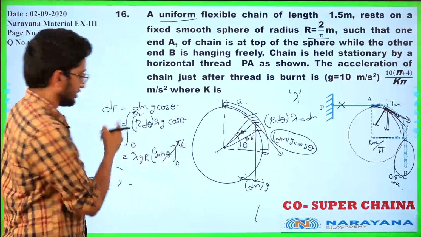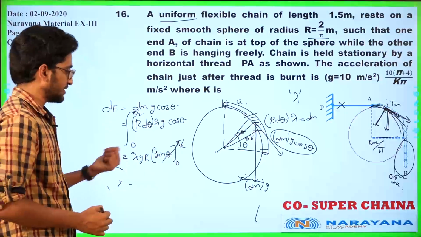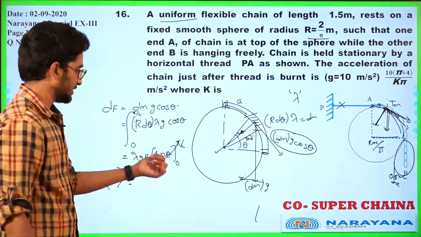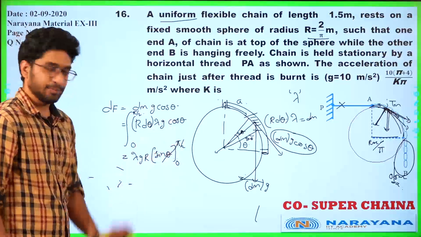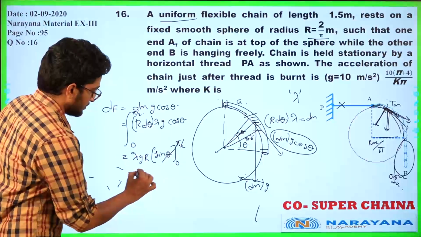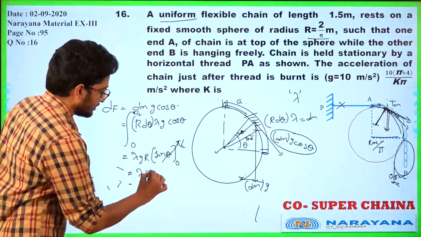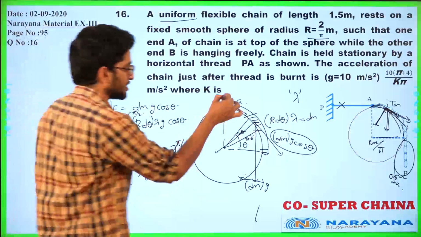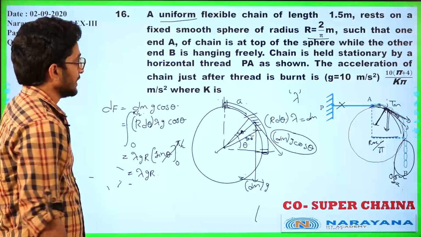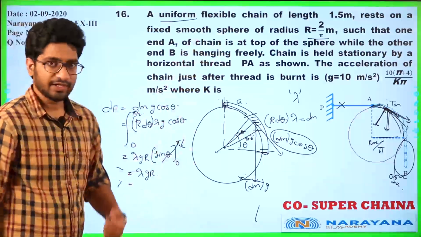I took all the constants out, r, lambda, g, they are constants. In the integral, I am left with integral cos theta d theta, which is sin theta between 0 to pi by 2. So sin pi by 2 minus 0. Sin 90 is 1. So this is the force acting along the tangent from this point to this point: lambda g r. R is the radius, r you can again write as 2 by pi.